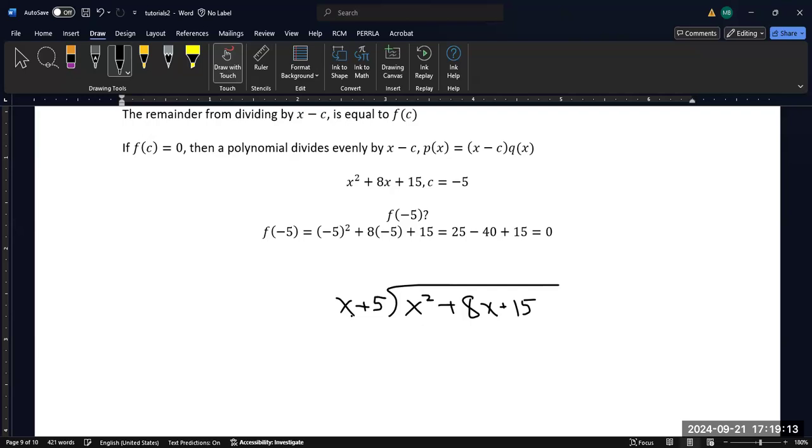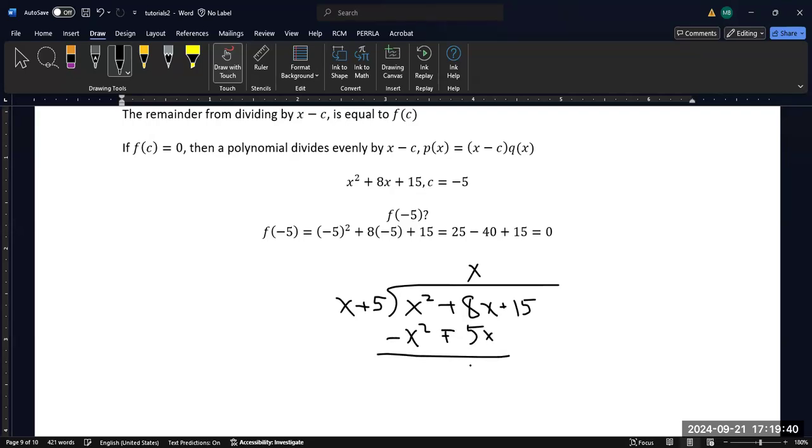Now, how does the division process work? We go over this example in another video, so you can certainly watch that. We take our leading term into our leading term, x squared divided by x. That gets me an x. I multiply: x squared plus 5x. Then I'm going to subtract.